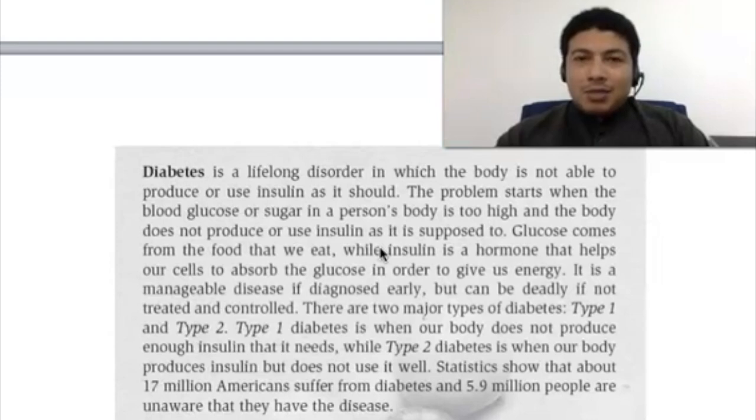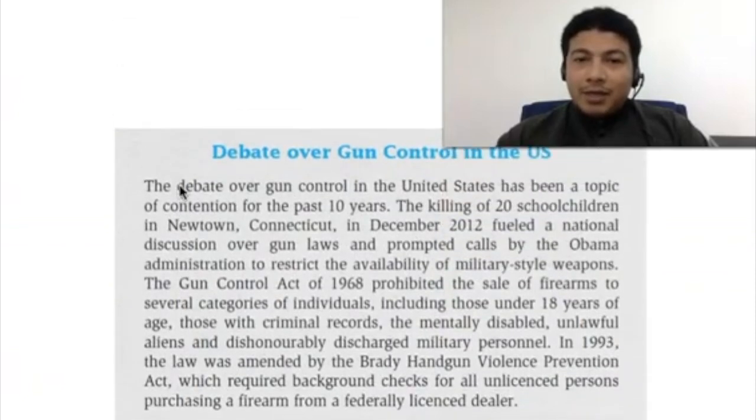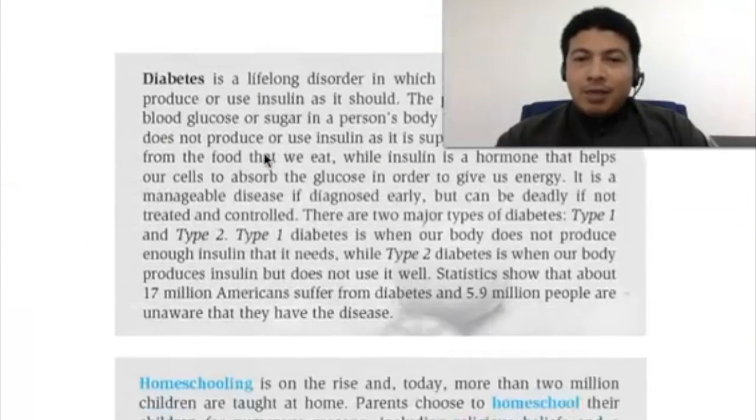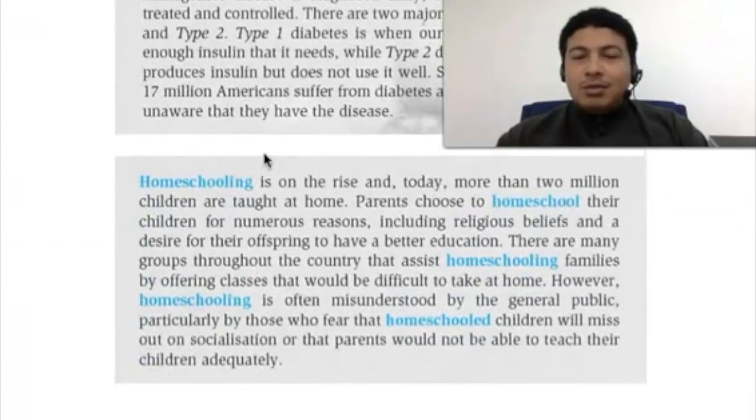Sometimes there is no indication, no bold words or topic heading like this, but we can still identify the topic of the paragraph or the article by looking for repetitive words.